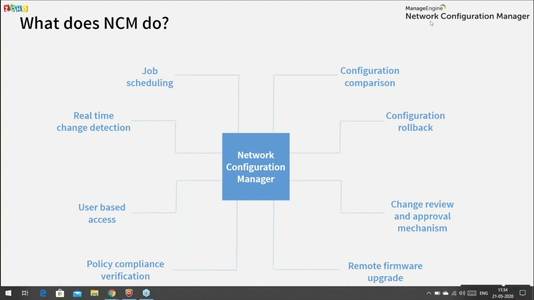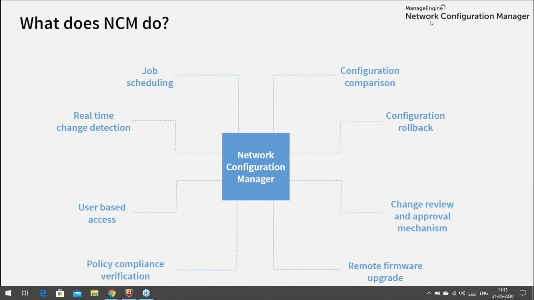So these are the basic functions that NCM will help you with while you're in your configuration management process. Clockwise, starting from the top right, you can compare 2 different versions of your configuration. You can roll back your configuration to a previous version or the more stable version as discussed earlier. You can review and approve all changes made by other network operators in your network so that you can minimize configuration errors.